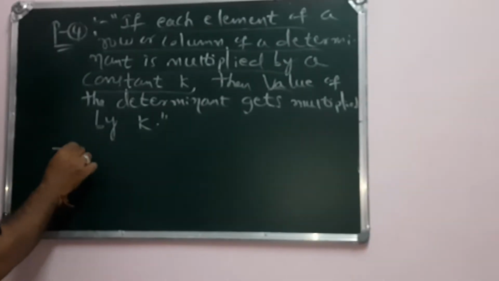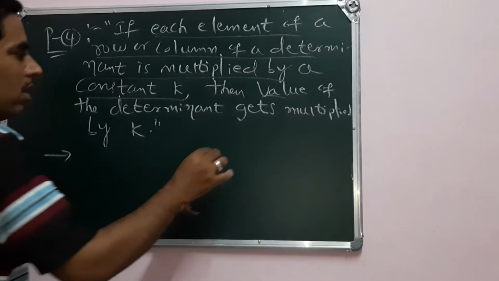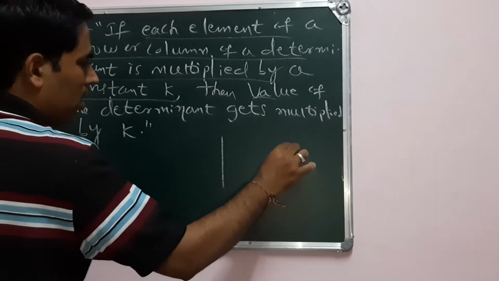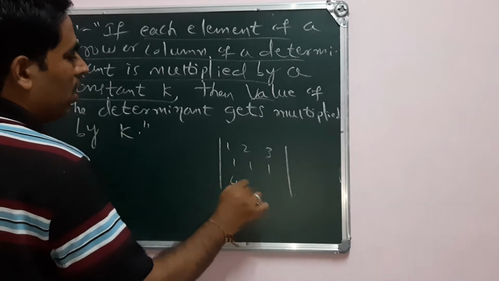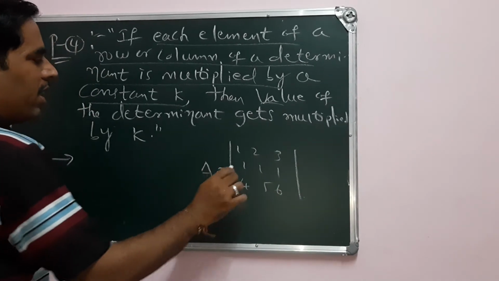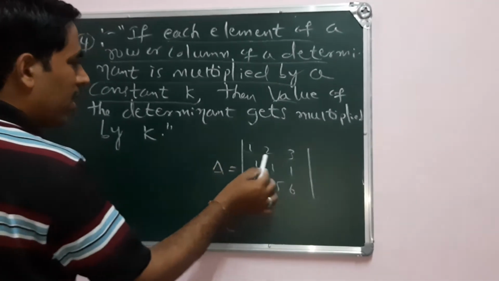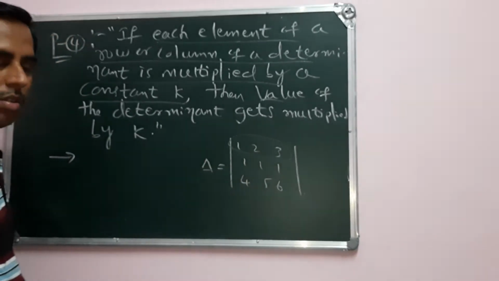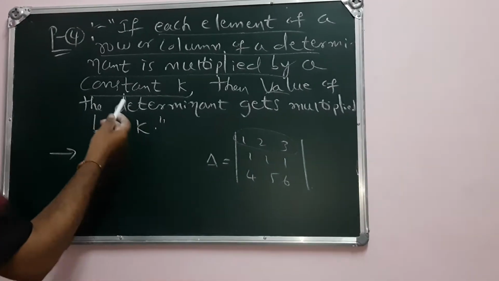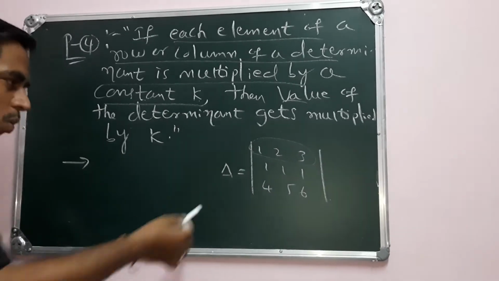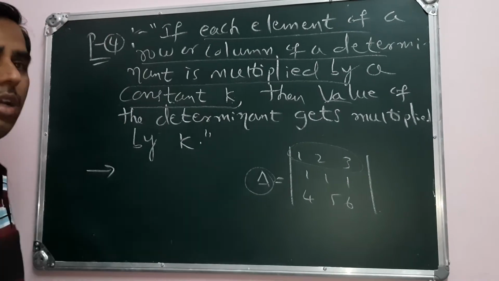So how can we understand this property here? See, for example, if my determinant is 1, 2, 3, this will be our determinant. So if we expand this, I will get some value here. If I multiply the first row by any constant, say k, then whatever value I get for this determinant, that value will be multiplied by that scalar.